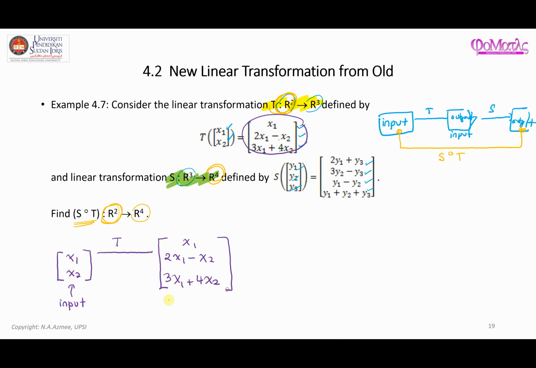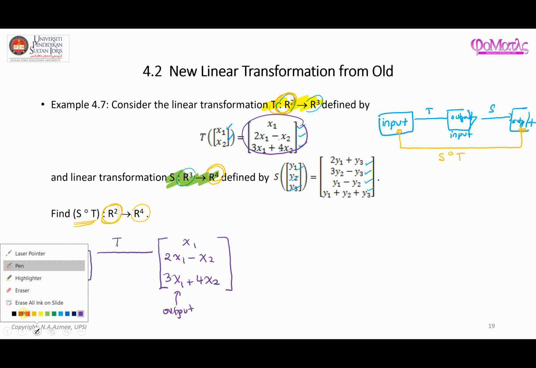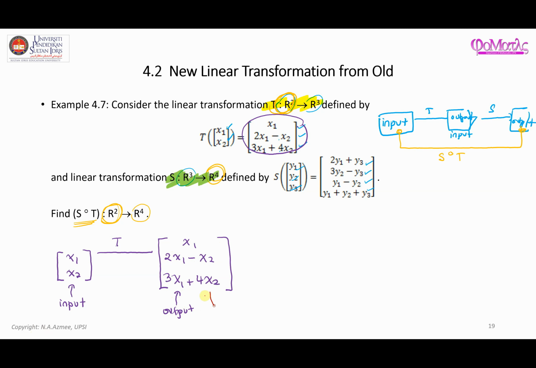So this is the output. Now, it also becomes the input because then you consider the linear transformation S, and the linear transformation S will consider this input here as defined by this one.